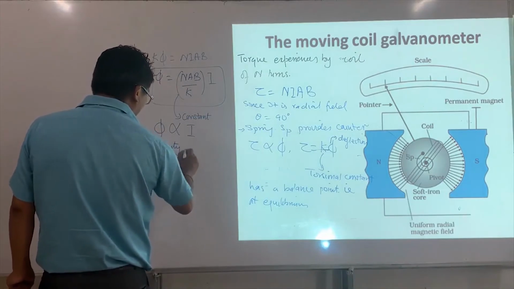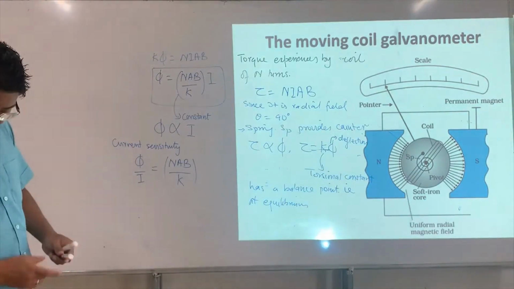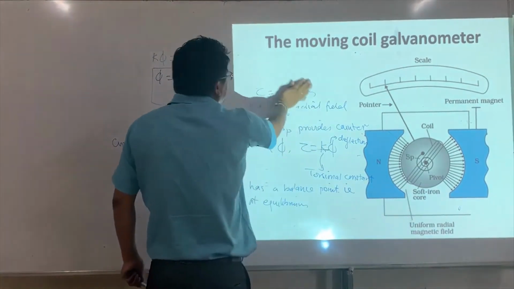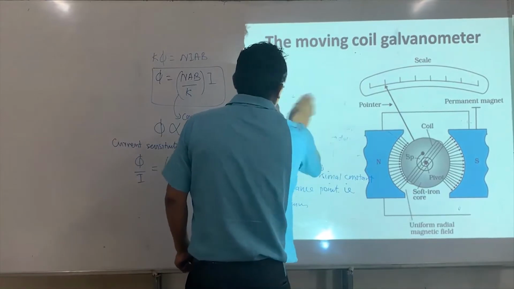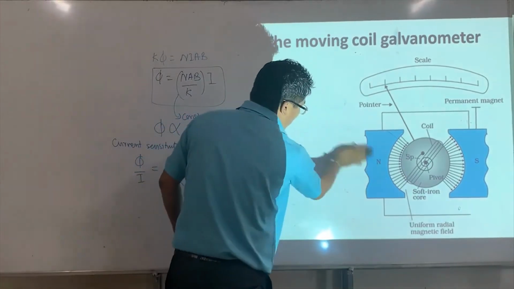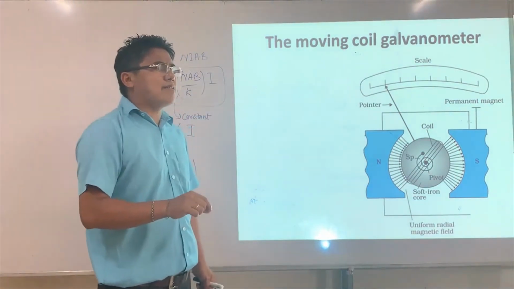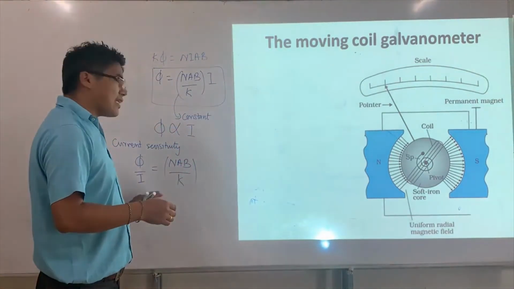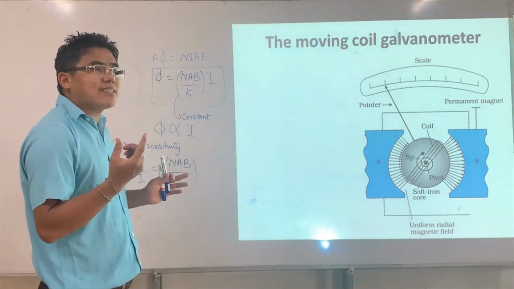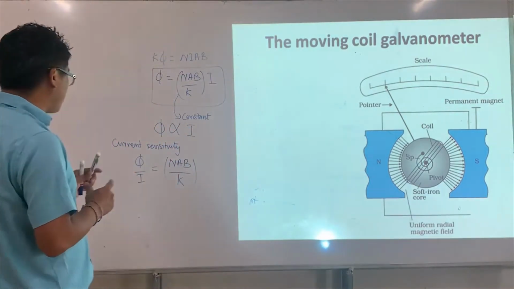It is constant for a particular galvanometer, and it tells us about the sensitivity of a galvanometer to current. If a galvanometer deflects even at a microampere, then I say that sensitivity is high. If it doesn't deflect at a microampere, then the sensitivity is less.